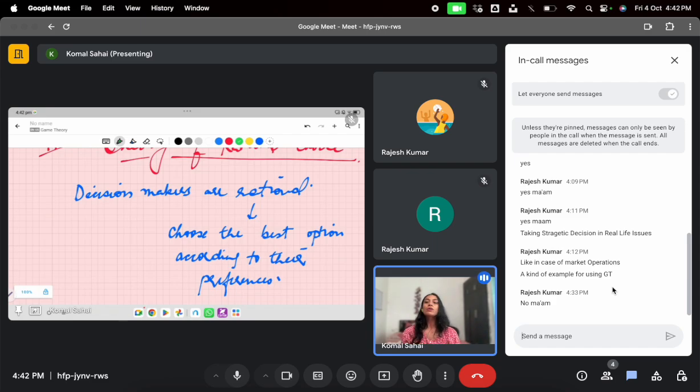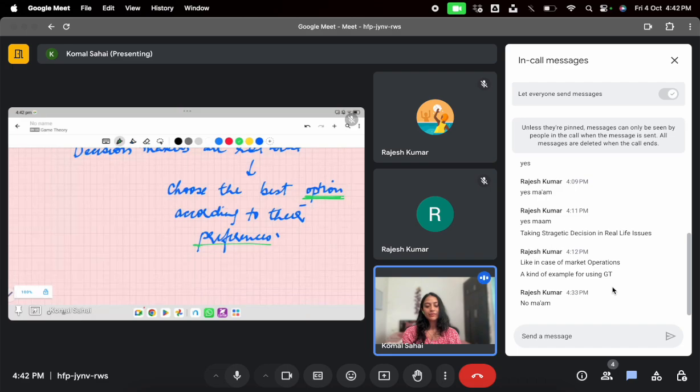ठीक है? So we will go into a little detail about two terms. The first is option, and the second is preferences. So generally in micro theory also, the general assumption is that we have utility maximizing individuals, we have profit maximizing firms, ठीक है ना. तो इसमें भी हमारे जो individuals हैं वो अपना utility maximize कर रहे हैं.